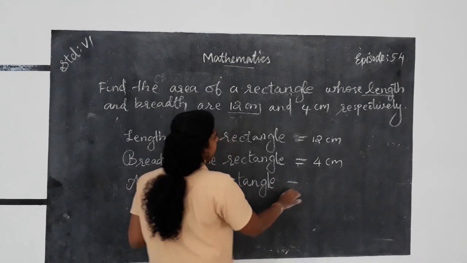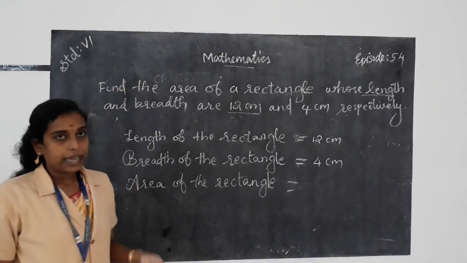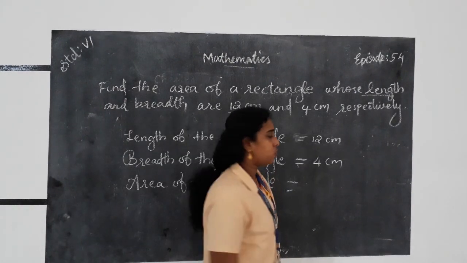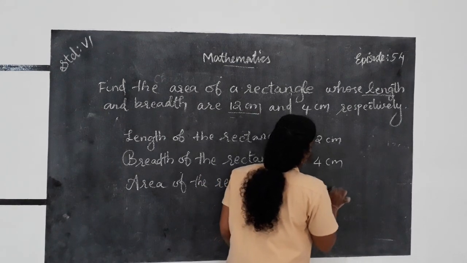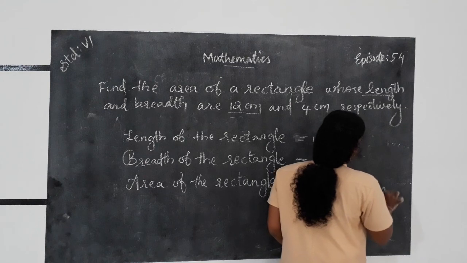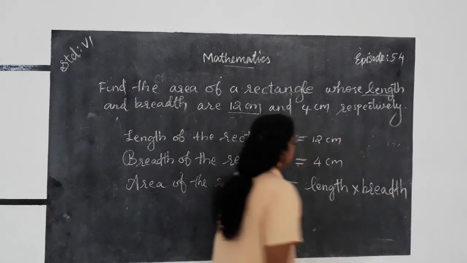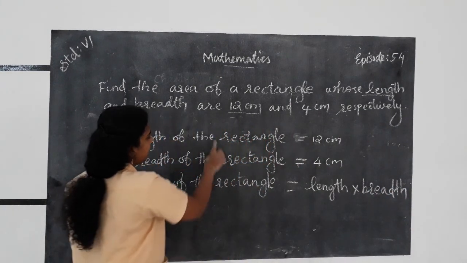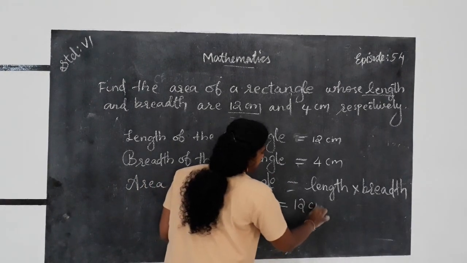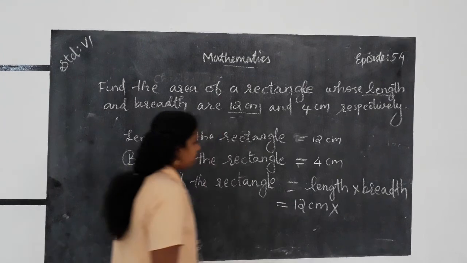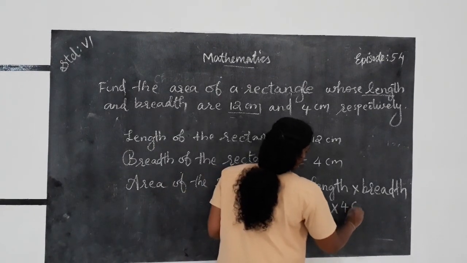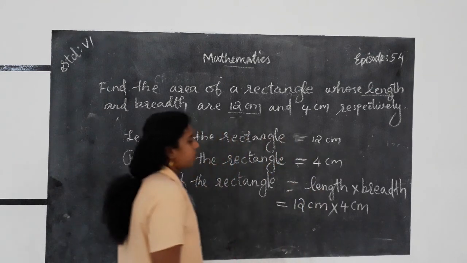So how to find the area of a rectangle? Area of a rectangle is equal to length into breadth. Now the length of the rectangle is equal to 12 centimeter, so 12 centimeter into breadth of the rectangle, that's 4 centimeter.